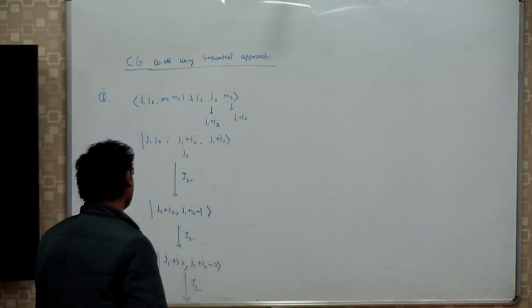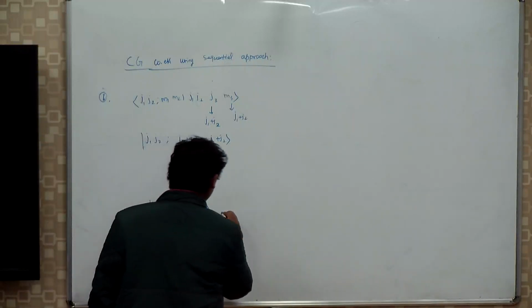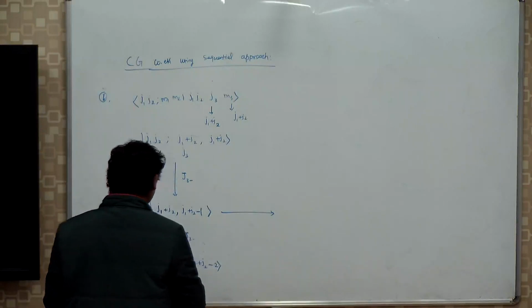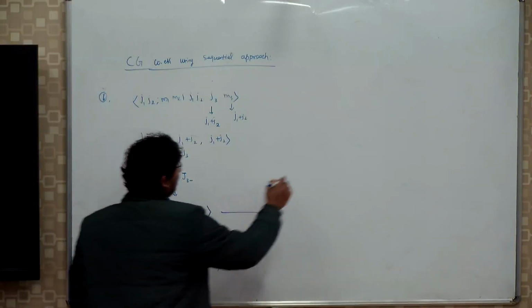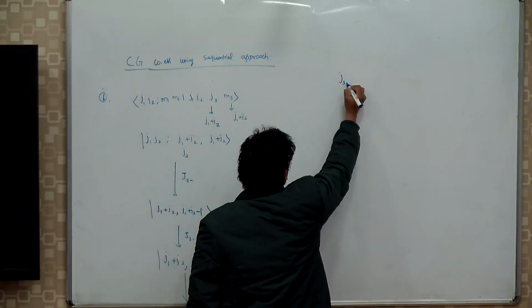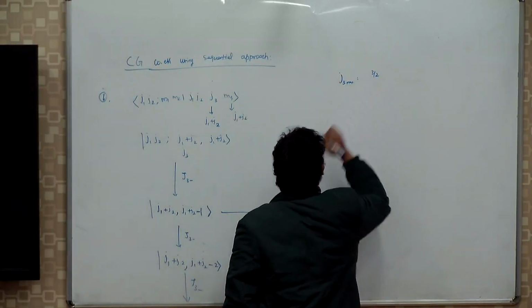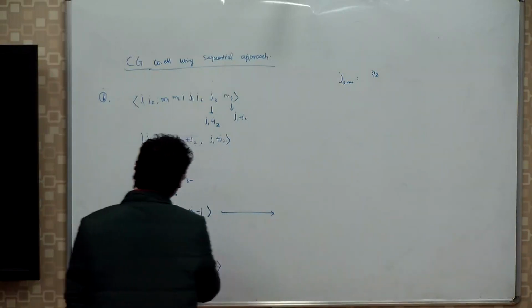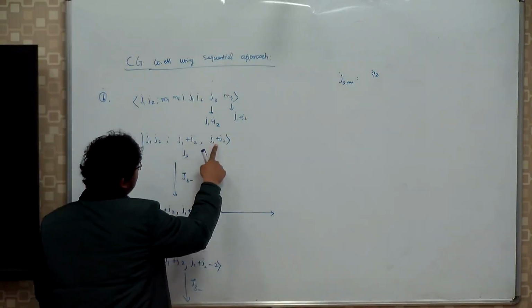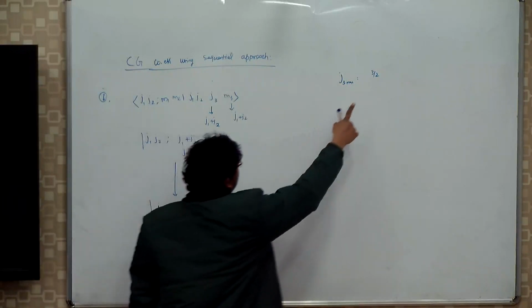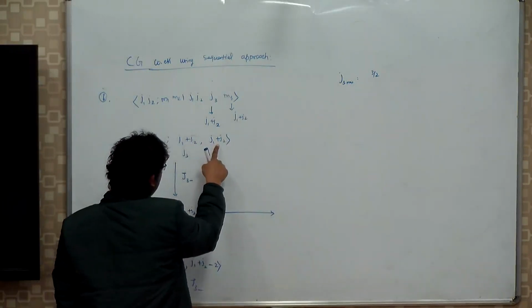So finding the orthogonal state, looking now, J3 maximum may be 3 by 2. So here it will be 3 by 2 and this will be 3 by 2. If J3 minus acts on this, then this will be 3 by 2 and this will be 1 by 2.